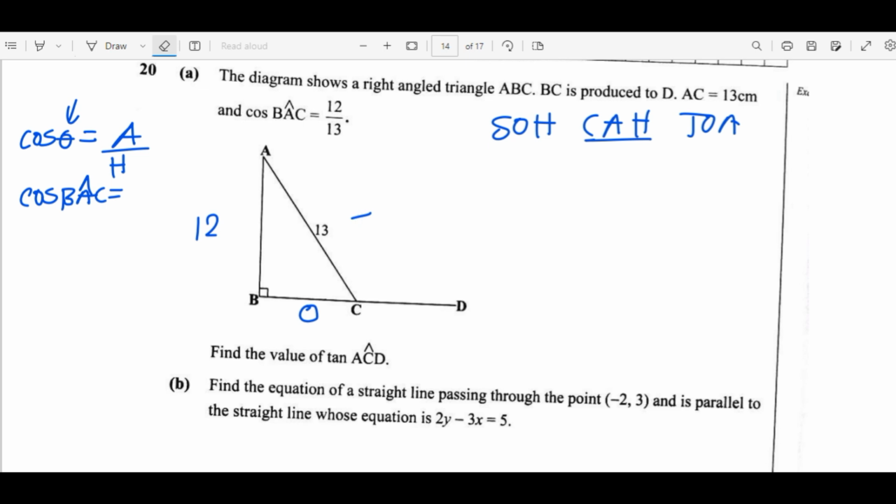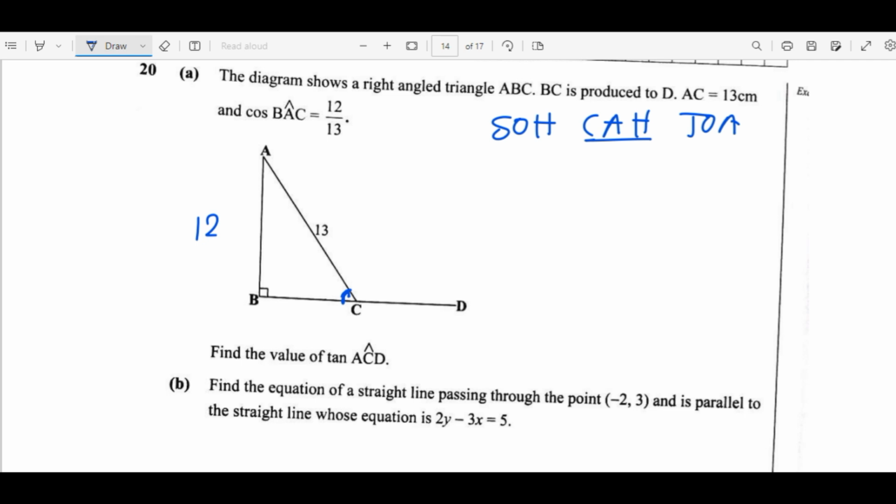So after we are done with this part, now let's go back to tan. So if this is our tan, the angle that we are trying to find here is the angle ACB.